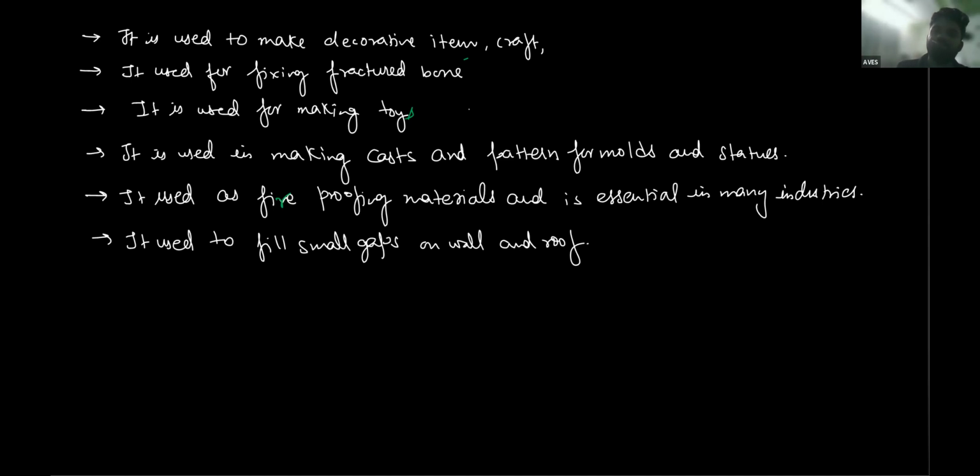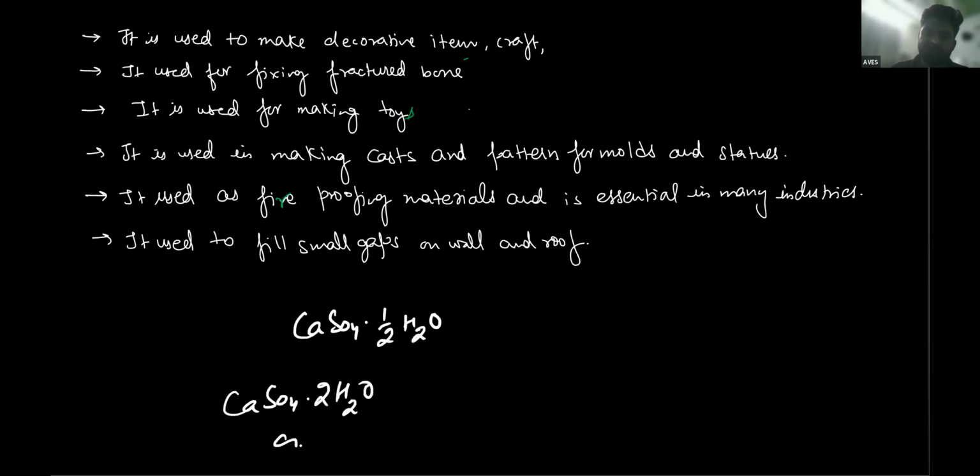So we have studied plaster of Paris, CaSO4·½H2O. In the previous class, we studied bleaching powder, caustic soda, and the last one was baking soda. Now, plaster of Paris is formed by heating calcium sulfate dihydrate, that is called gypsum, and the temperature should be controlled.